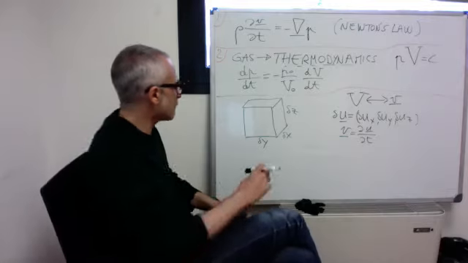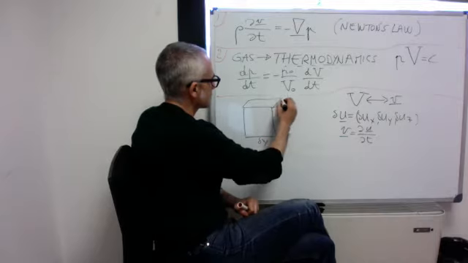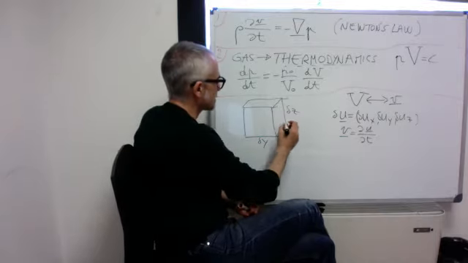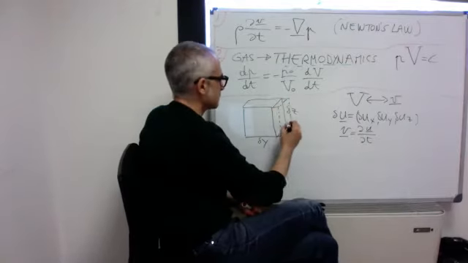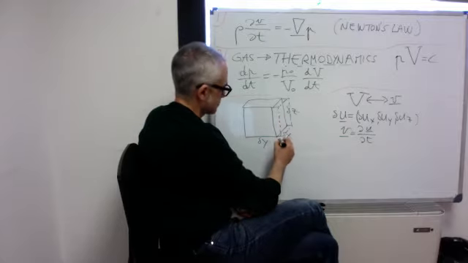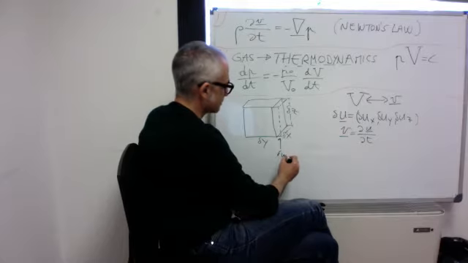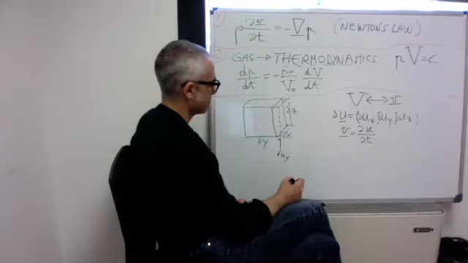So if I now think about this element here, and it's as small as I want, right? If around here the displacement is delta u, then the component, in this case in the y direction, is delta uy.